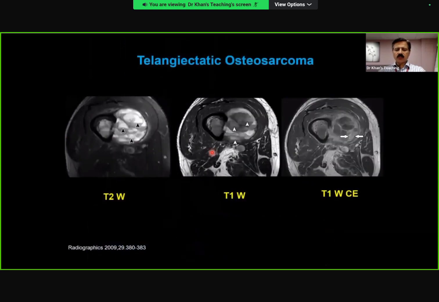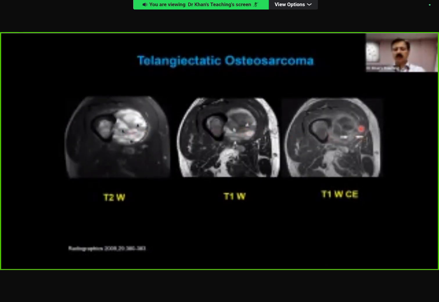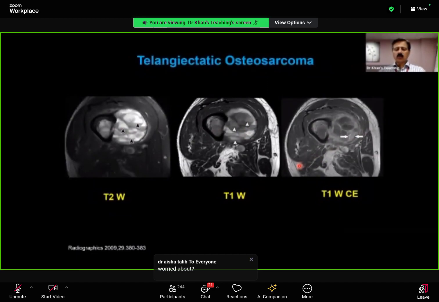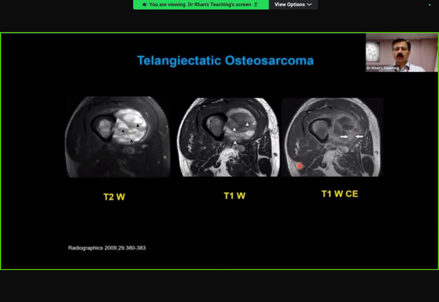This is from literature. It tells you in telangiectatic osteosarcoma, you can again get a lot of fluid levels, but there is some soft tissue. In Royal National Orthopaedic Hospital, they have got some criteria to diagnose an aneurysmal bone cyst on MR. More than 75% of the lesion must have fluid levels.